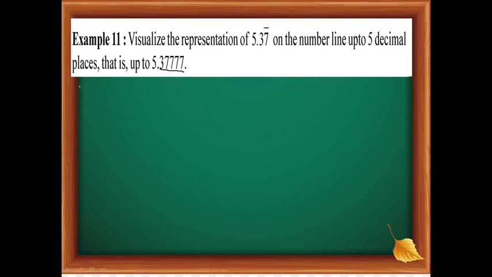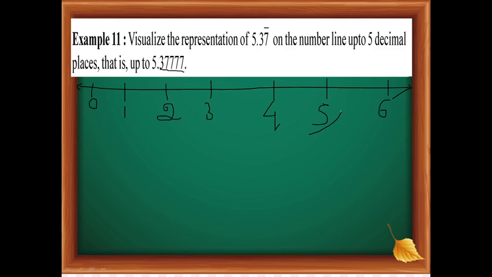First make the number line. Let us represent 0, 1, 2, 3, 4, 5 and 6. So 5.37777 will come between 5 and 6.